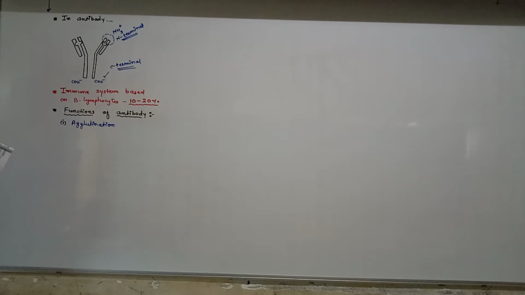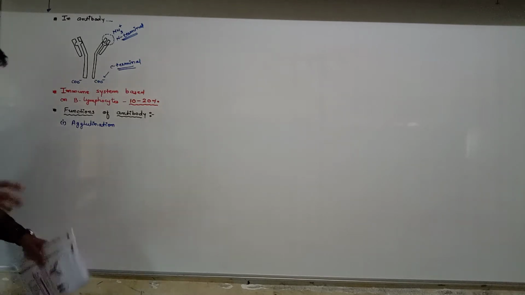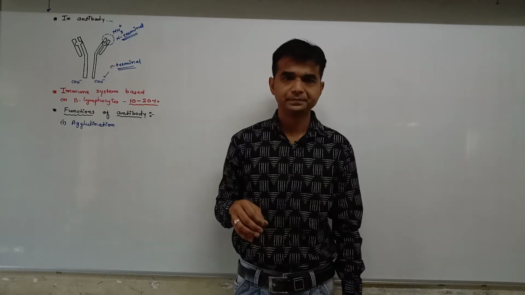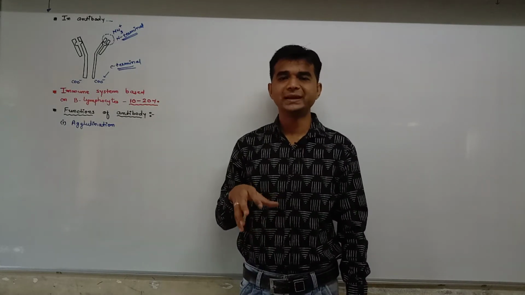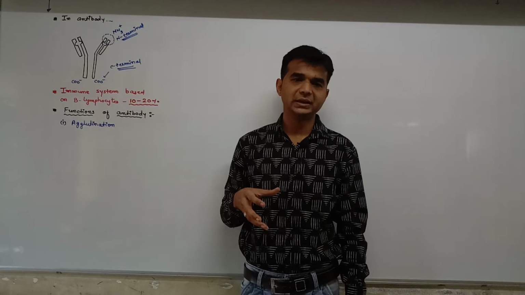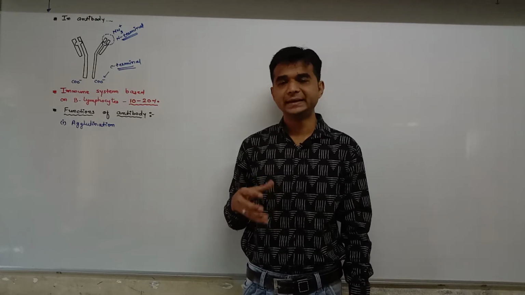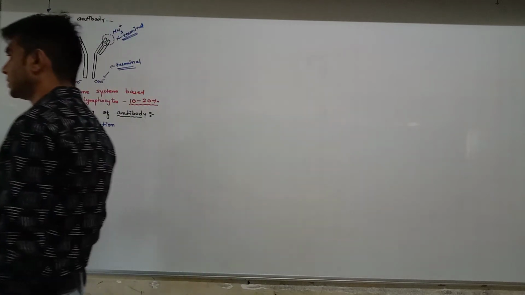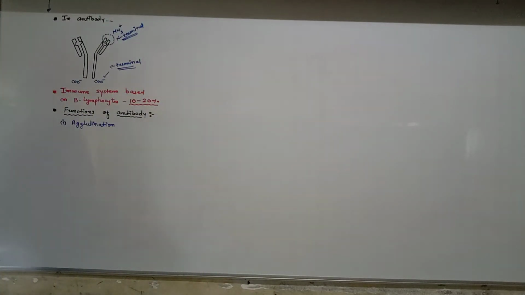You know that antigen is known as agglutinogen and antibody is known as agglutinin. So antibody joins with antigen, and the antigen antibody reaction that occurs is known as agglutination.